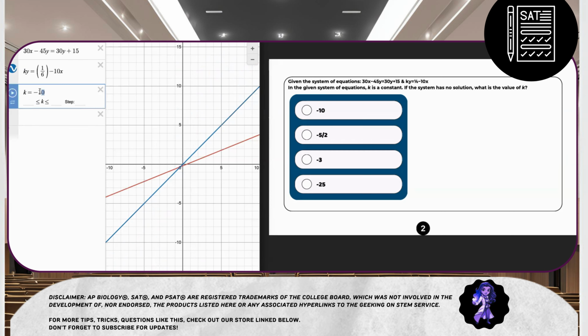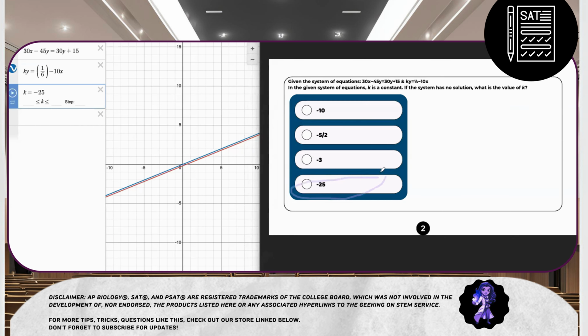But if I type in -25, which is in my multiple choice format, you could see that there are two lines, the blue one and the red one, and they're parallel, which indicates no solution, which also would give us the value that we're looking for here, and saying that answer choice D looks really favorable at this moment.